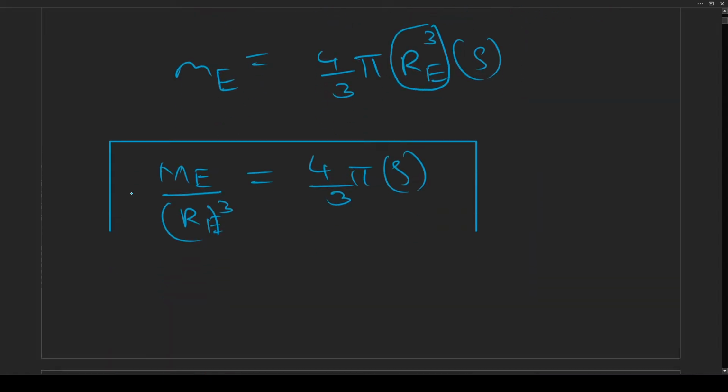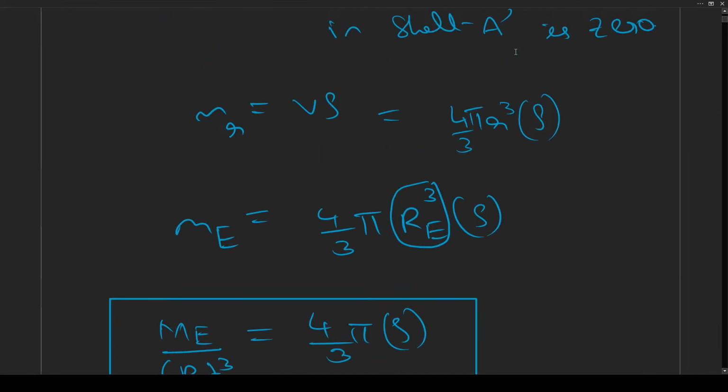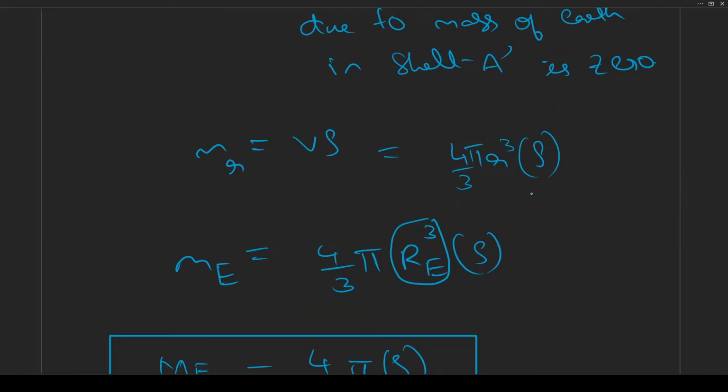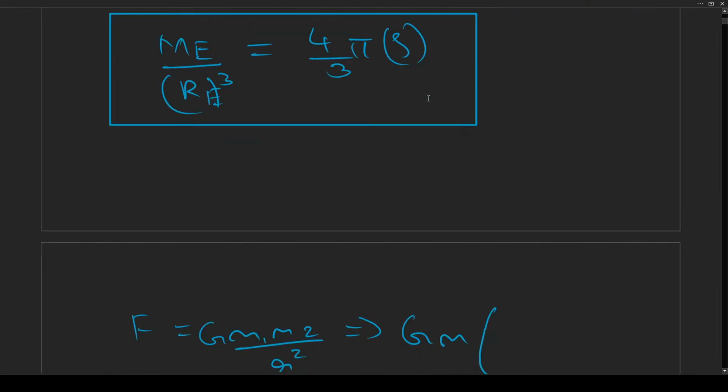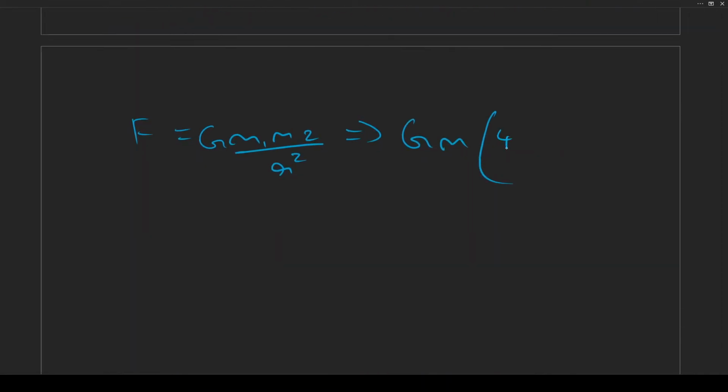Now keeping this equation aside, we know the force formula, force equals G m1 m2 by r square, which is the same as G m times the mass of the sphere, 4 by 3 pi rho r cube, by r square.